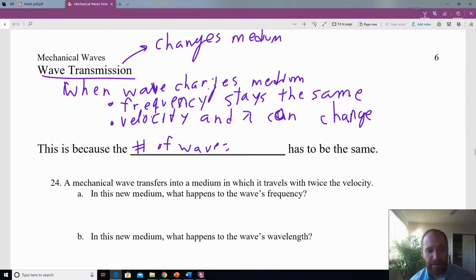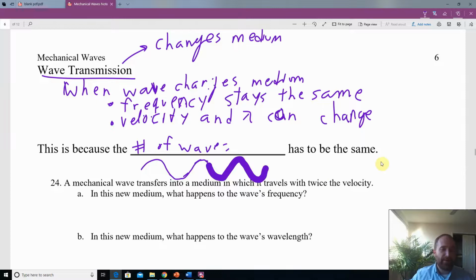Let's think about it like this. Let's say we have a change in medium. Like, let's go with the jump rope again. We looked at that guy doing the rope thing at the gym in our first lesson quite a bit. Let's say we have a really thin string, and then all of a sudden we tie our really thin string to a really, really thick rope.